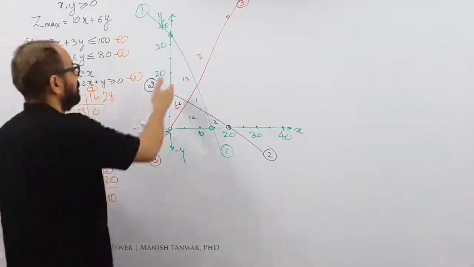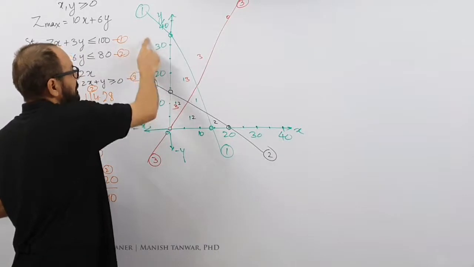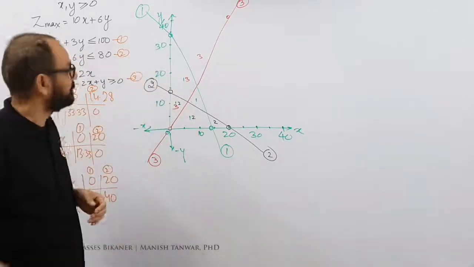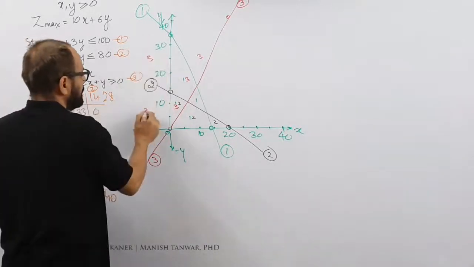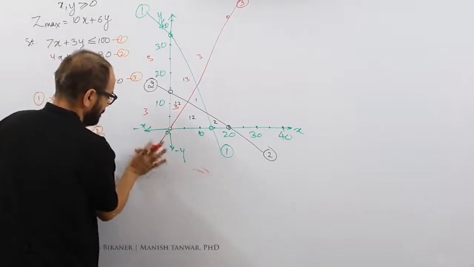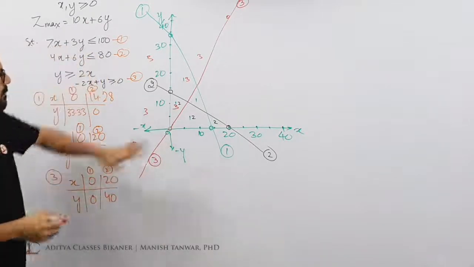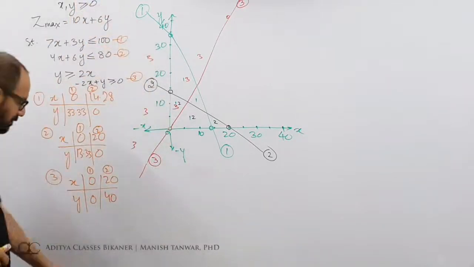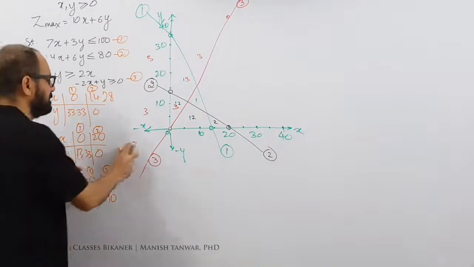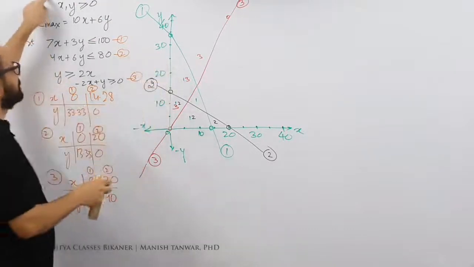Now if I have a look over here, everything on this side is feasible. This is also feasible, this is also feasible. Technically all these are, not this one. Technically all these are feasible, but I am ignoring all these. Why am I ignoring all these? Because of this physical constraint.